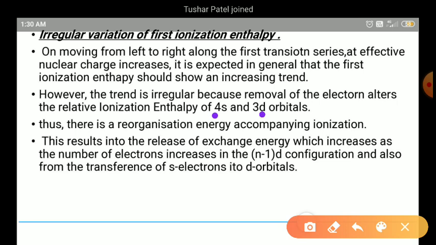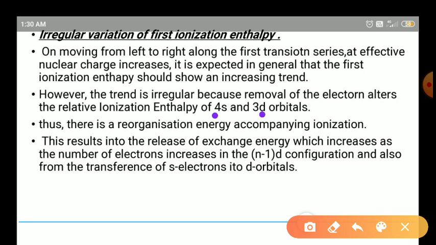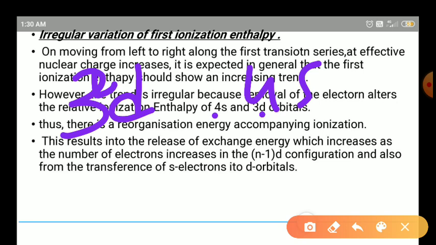So in the case of the first ionization enthalpy, the 3d and 4s orbitals decide the ionization enthalpy.